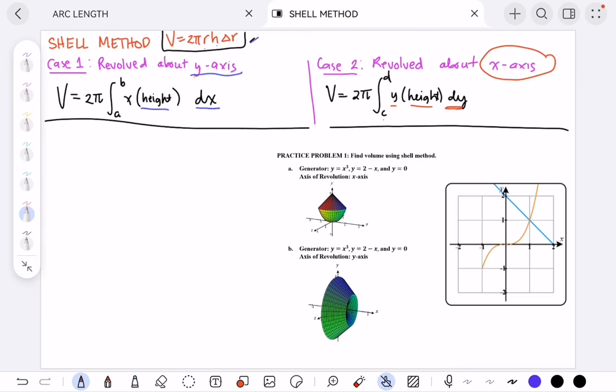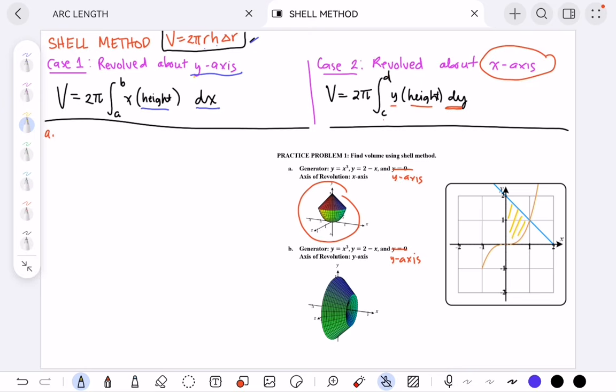So let us look at this example. Start with part A. This is the solid of revolution, and this one is the y-axis. So in other words, the region or the generator is this part here.